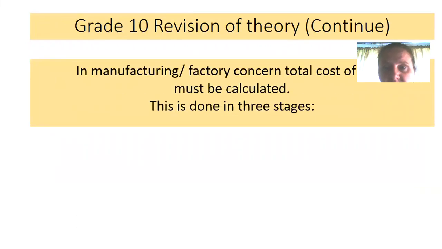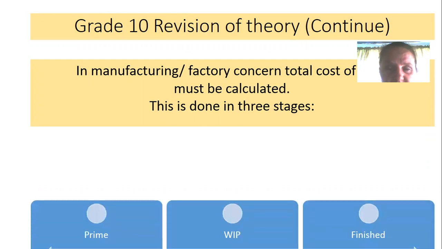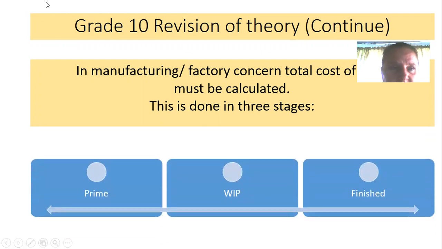When I calculate cost of sales in a manufacturing concern, there are 3 things that we need to take into account. Firstly, my primary cost or prime cost. Then I need to add that to my work in progress stock or WIP, and then I can convert it to finished goods.